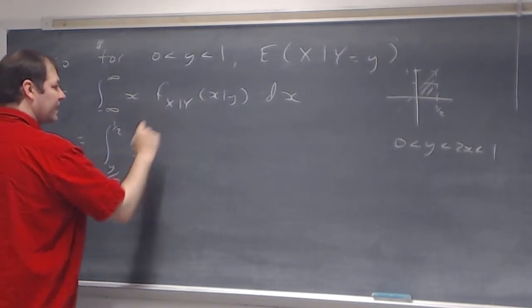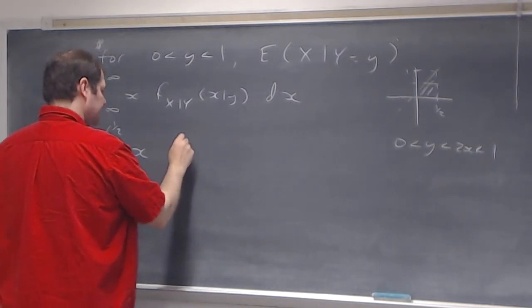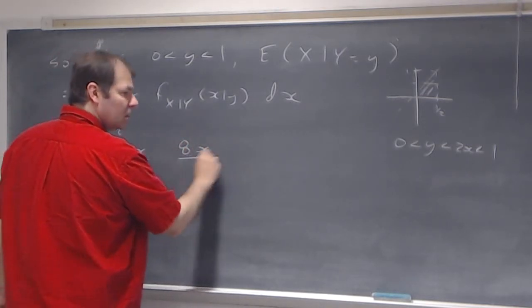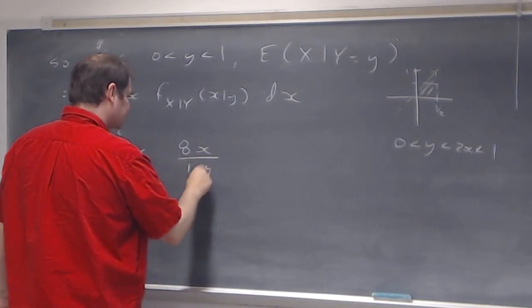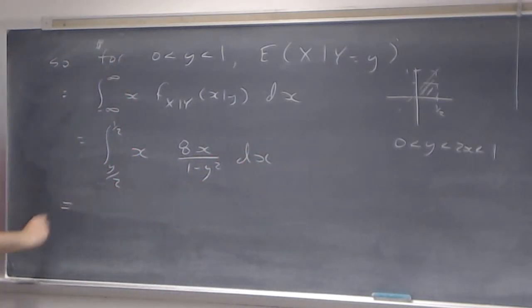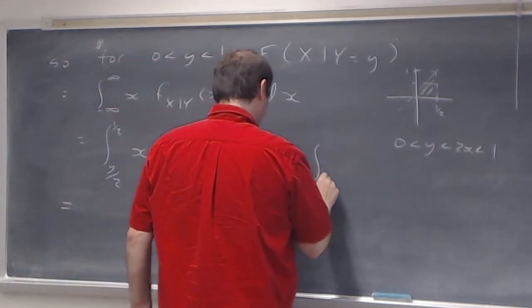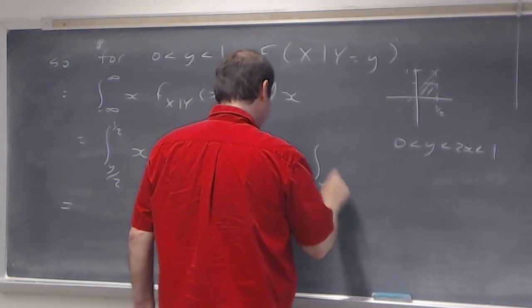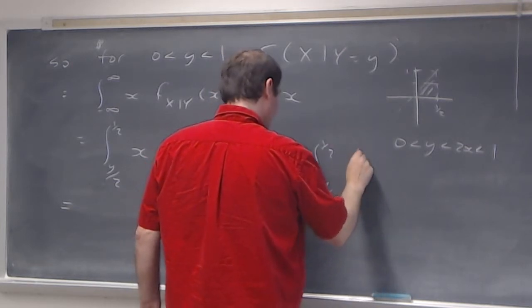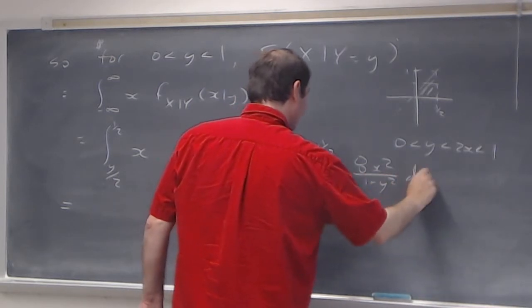The conditional PDF is 8x over 1 minus y squared, and I'm integrating with respect to x. This is equal to the integral from y over 2 to 1/2 of 8x squared over 1 minus y squared dx.